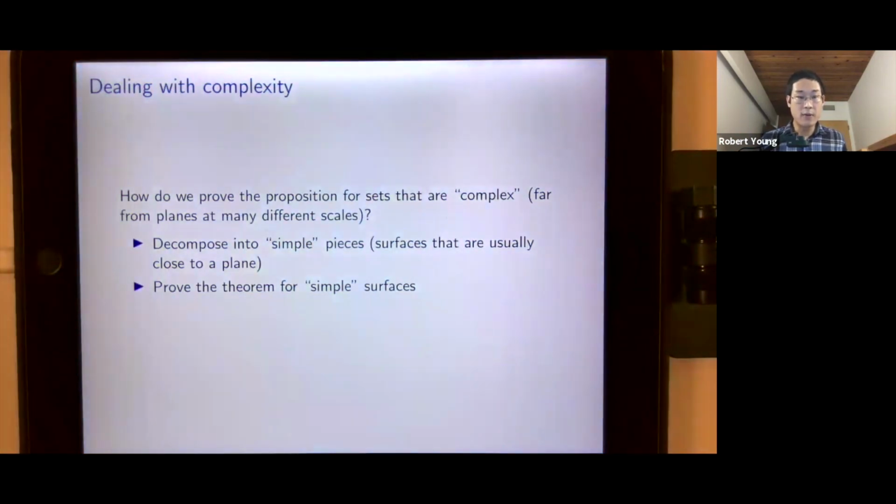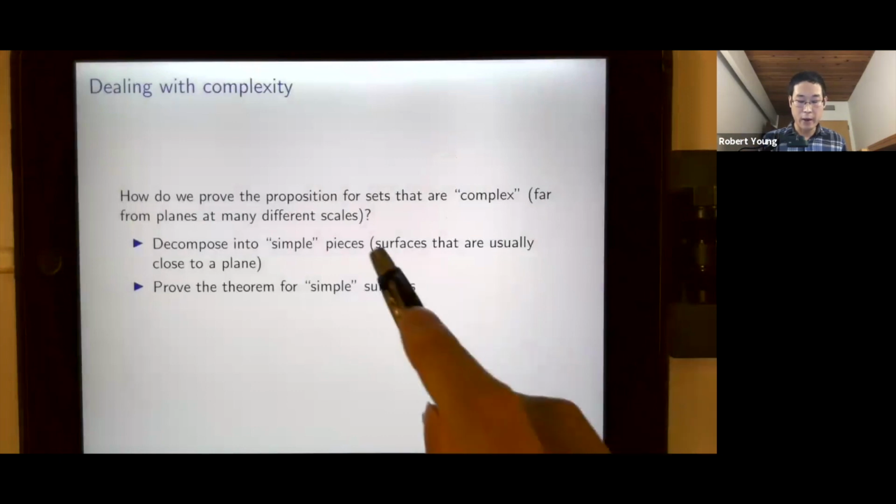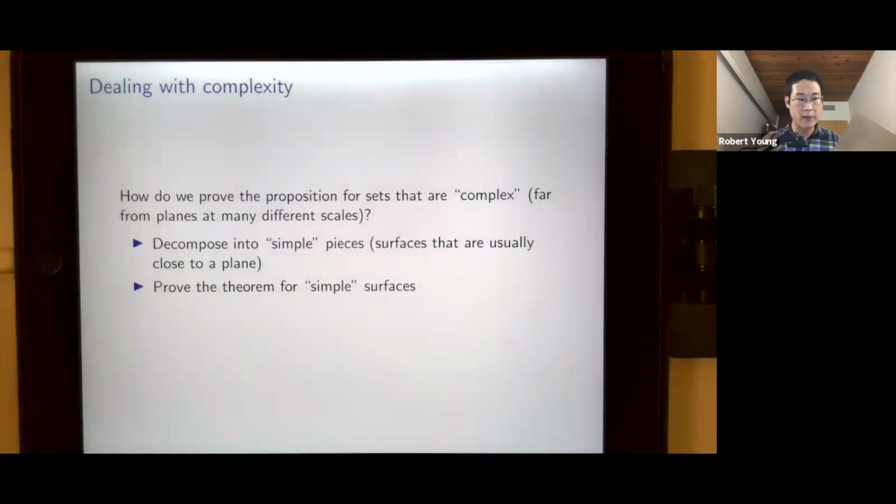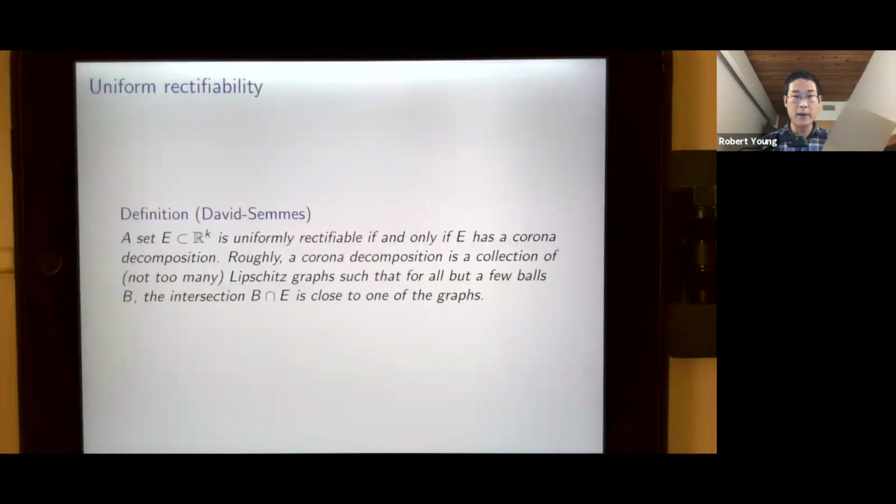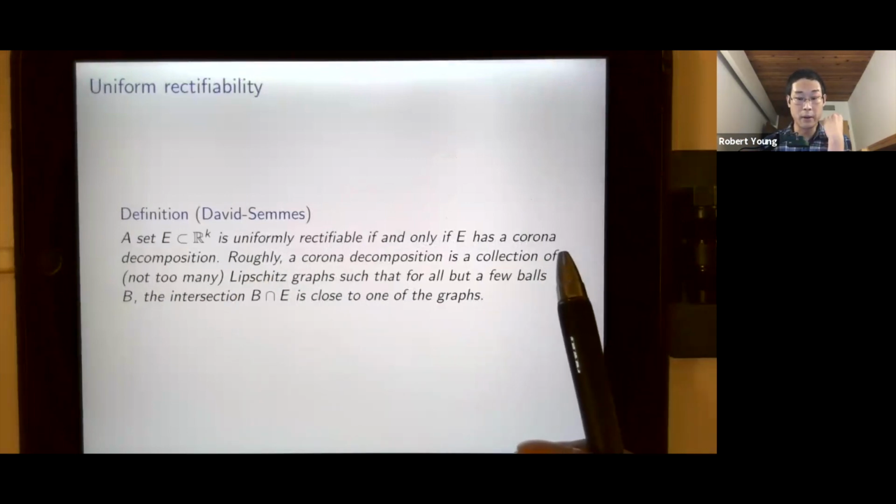So uniform rectifiability is a way of defining what it means for a surface to be usually close to a plane. There are a lot of definitions of uniform rectifiability, and some translate this notion of being usually close to a plane very directly. But for the purposes of this work, I need a slightly more complicated definition, in terms of what are called corona decompositions.